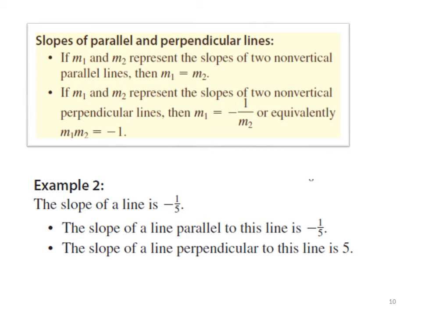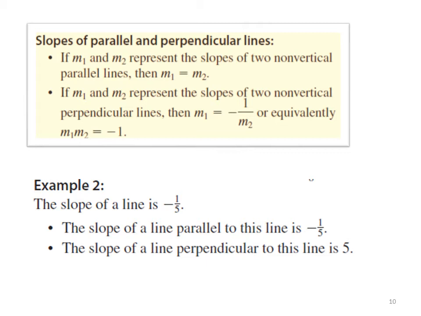Here's an example. Suppose you have a line that has slope equal to minus 1 over 5. Now any line that's parallel to this line will have the same slope, slope equal to minus 1 over 5. What about the slope of any line that's perpendicular to this line? It will have slope equal to 5.